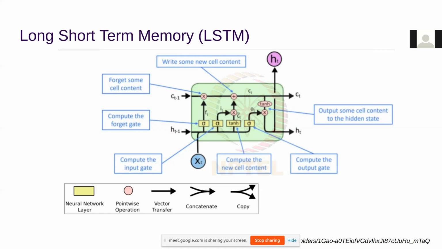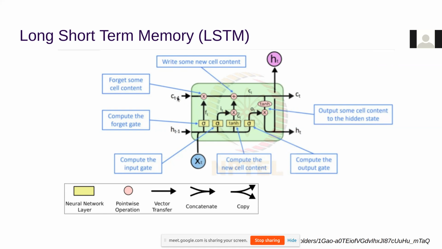However, it introduces certain gates which will help us in maintaining this hidden state information according to the input. So what I mean here is that there is some cell content. Along with this hidden state, there is also one extra piece of information being maintained, which is known as cell content. And this cell content keeps getting updated as we go on processing the inputs.